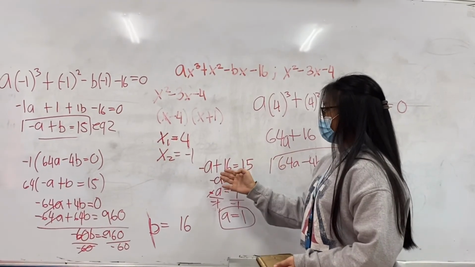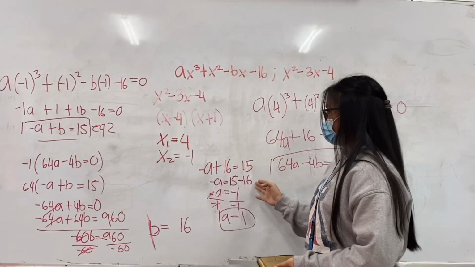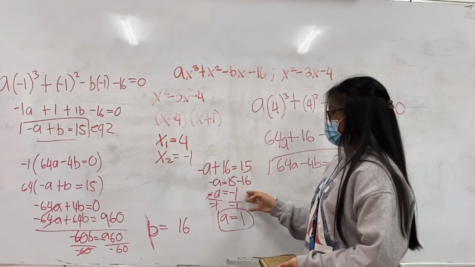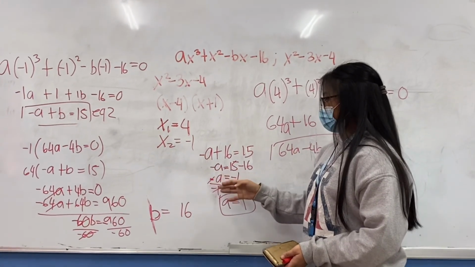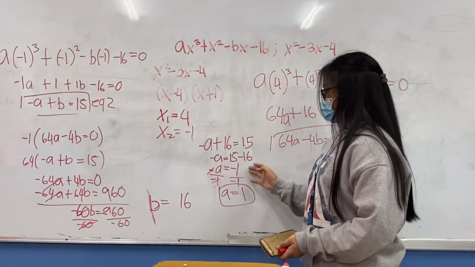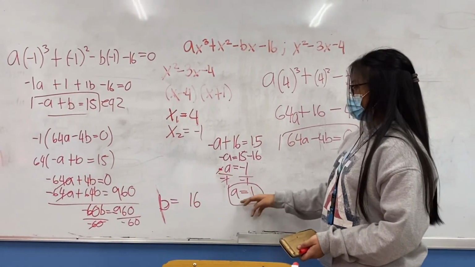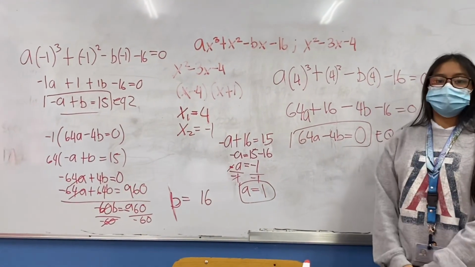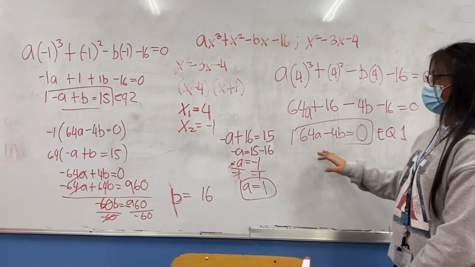And then negative a equals 15 minus 16, which is negative 1. So since a is negative, you divide both sides by negative 1 to get a positive answer, which is a equals 1. So therefore, a equals 1 and b equals 16.